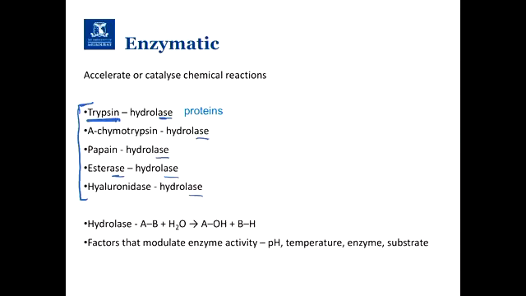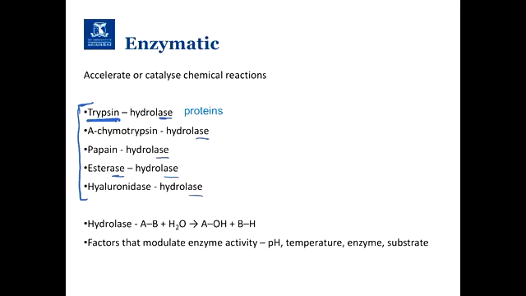And then all hydrolases have that chemical reaction. All enzymes will work under their own set of optimal conditions. Within the body, most enzymes' optimal conditions will depend on the pH and the temperature. I don't know why I put enzyme there, because the activity obviously depends on what the enzyme is, and then the substrate.